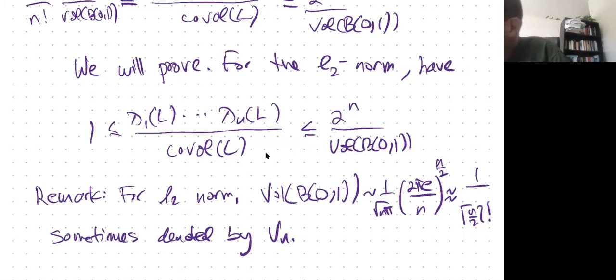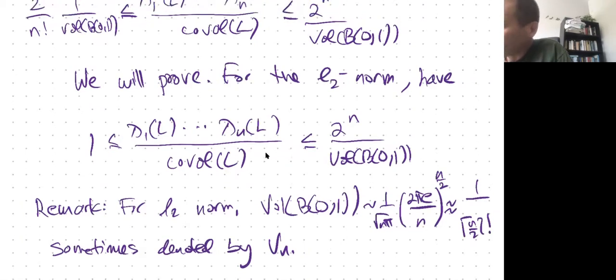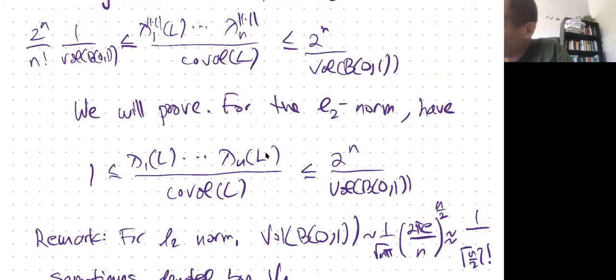So if you plug that in on the left-hand side, we plug it in here, and the n over 2 factorial moves to the top, and these two cancel.